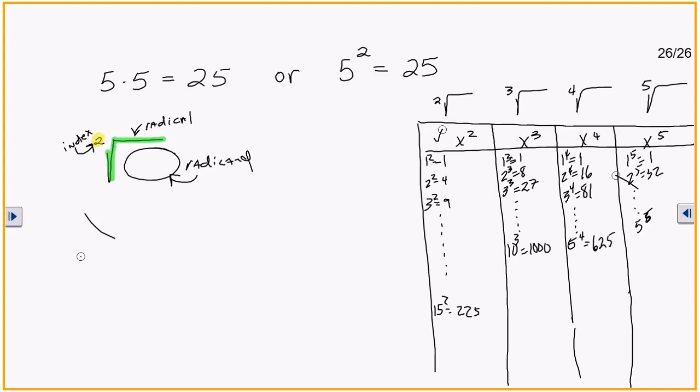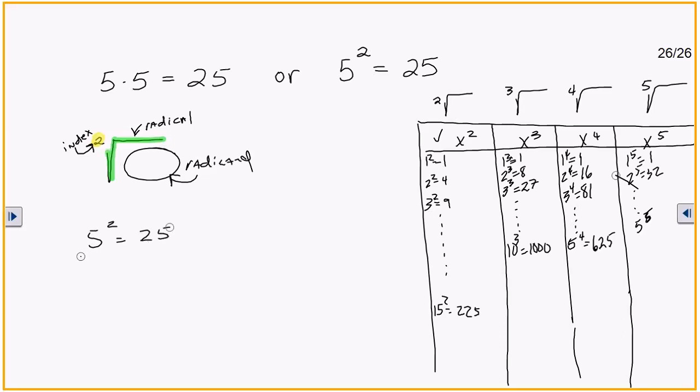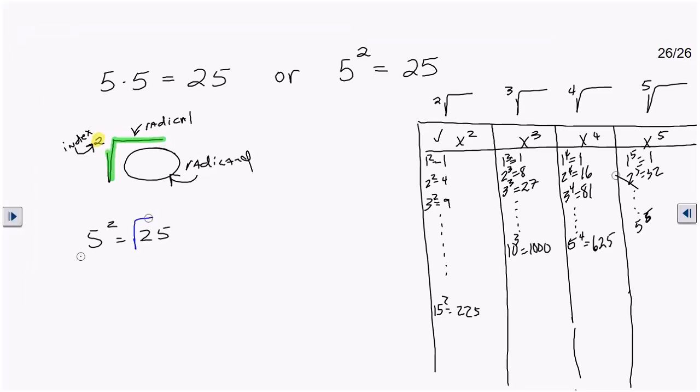Okay? Now, if I tell you that 5 squared is equal to 25, then I can undo that by saying, and I'm going to put this in blue, the square root of 25 is equal to 5.